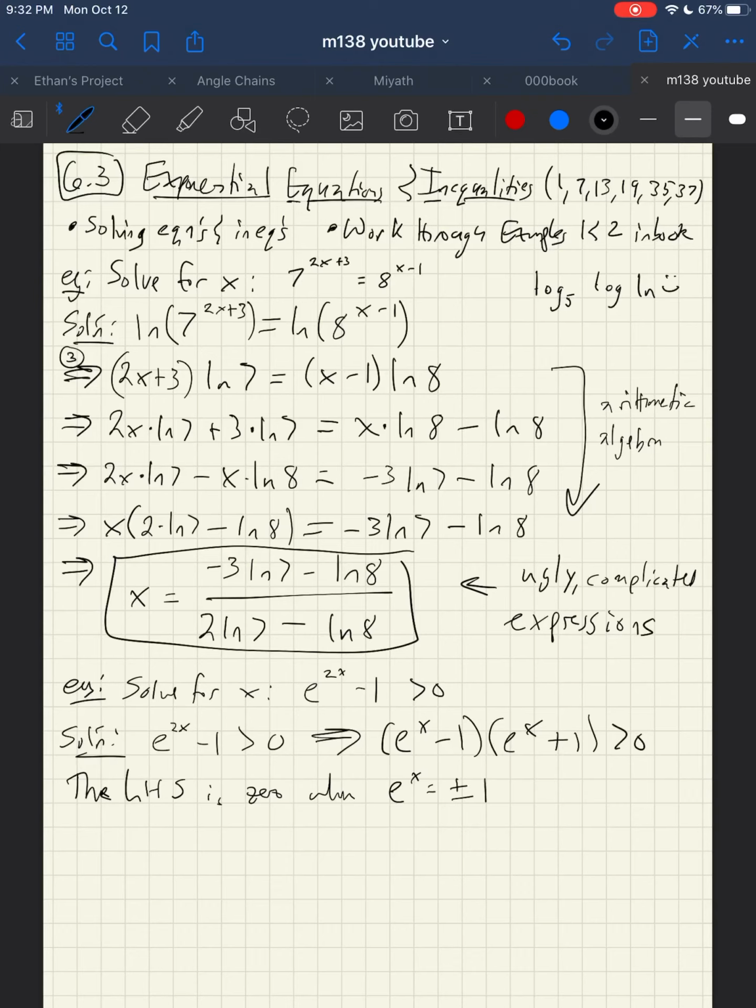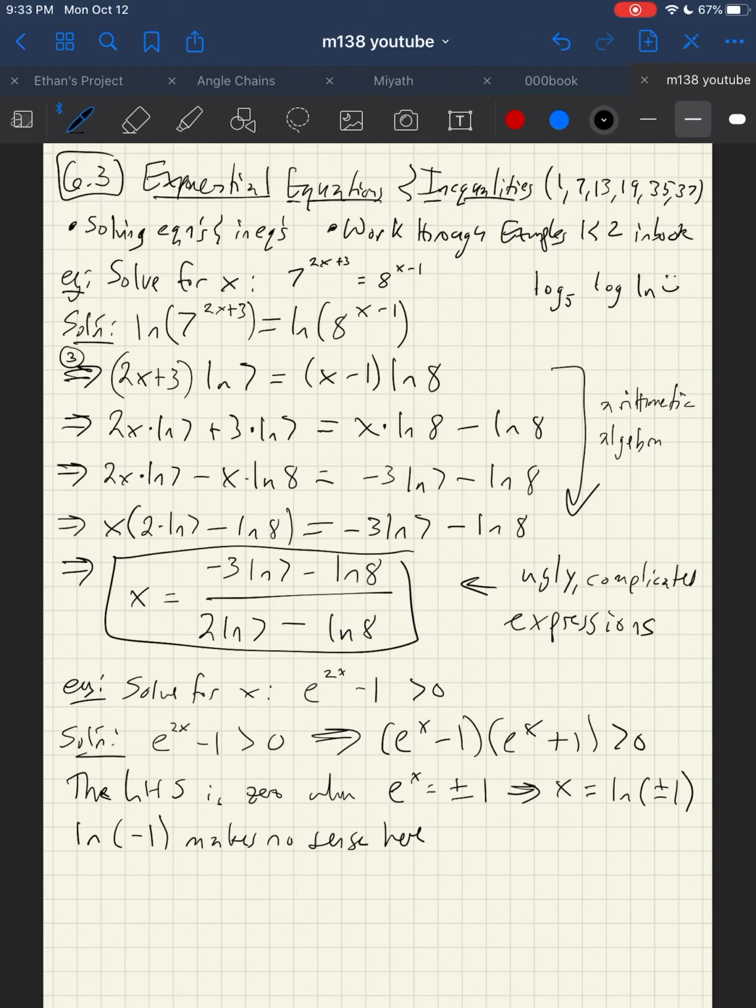Well, e to the x equals plus or minus 1 is the same as, to write this as a logarithmic expression of an exponential equation, x equals the natural log of plus or minus 1. But there's no such thing as the natural log of minus 1, at least in the real numbers.